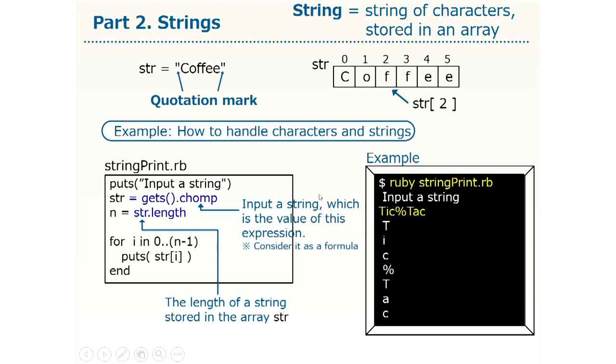In this example execution, 7 is put into n because TIC%TAC consists of 7 characters. Then the computer executes this for loop. As the variable i changes from 0 to n-1, that is 6 in this example, the value of the ith box, str[i], is displayed on the screen.